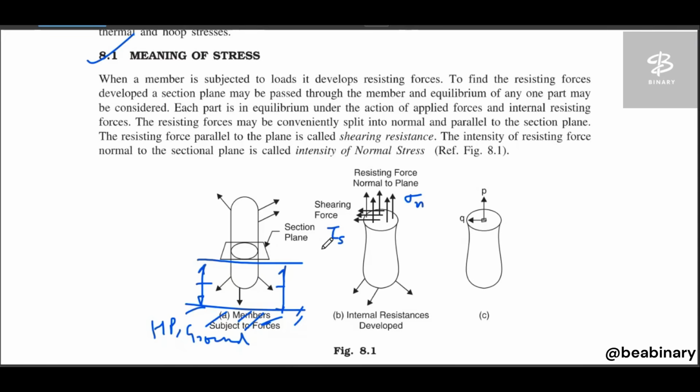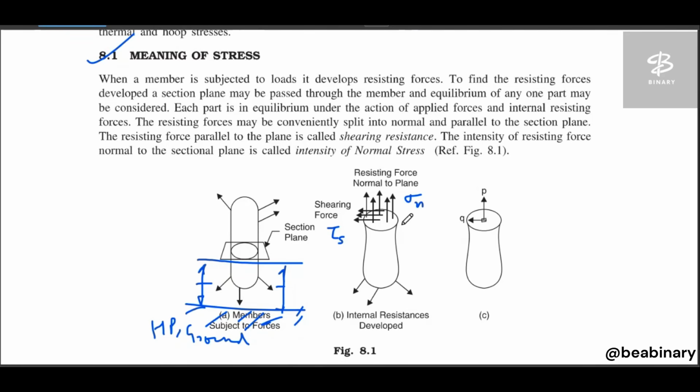Suppose you put your hands together, stretch your fingers, and rub both hands. This rubbing action is the shear stress acting parallel to your hand's plane.